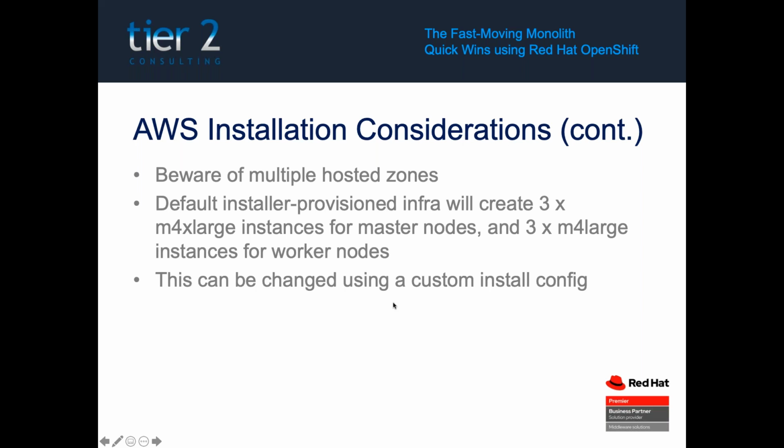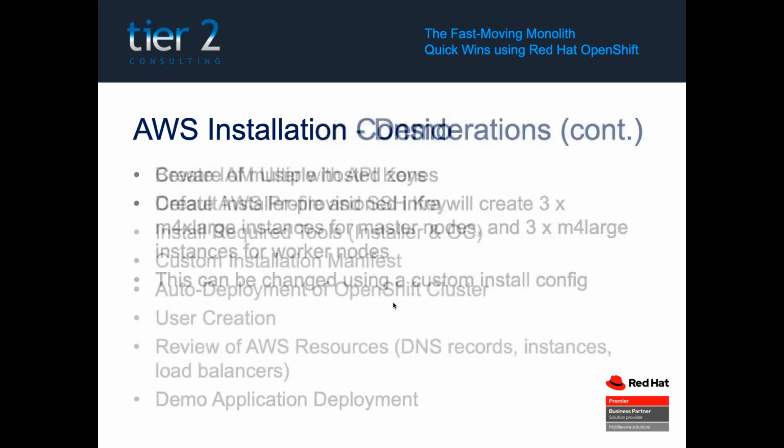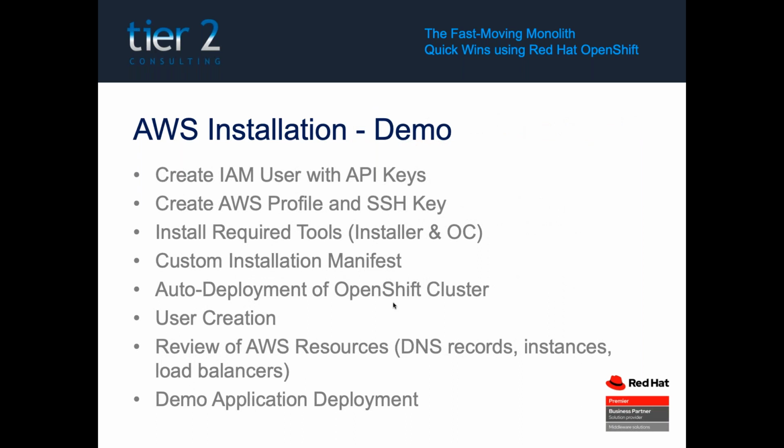So those are most of the considerations for before you start with the installation. This is what I'm actually going to run through. I'm going to run through these steps in order. So we're going to create an IAM user within AWS with the appropriate API keys, and that'll give us all of the programmatic access to the Amazon resources that we need on our machine.